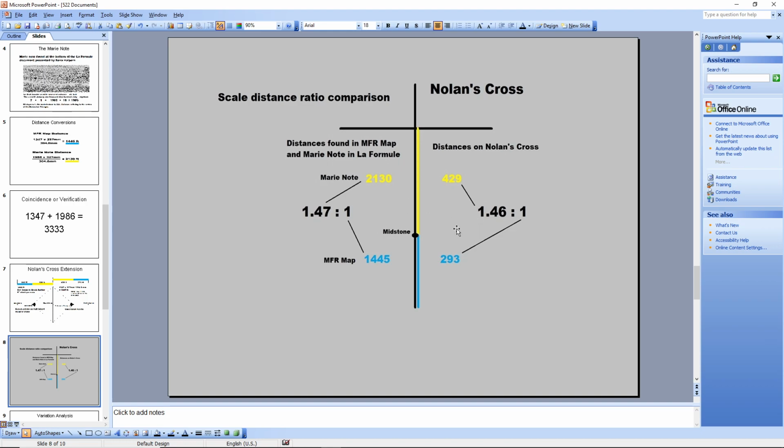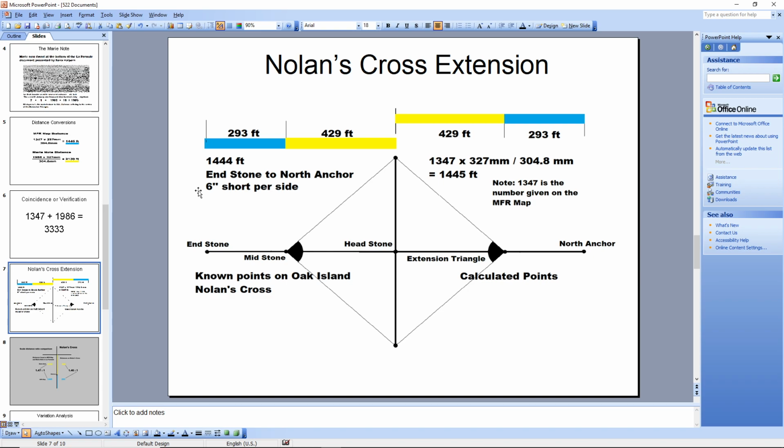I think this is a clue, because if we find out later, when we flip Nolans cross over and extend it, we're going to end up with 2 points that are from this distance. In other words, these distances will emanate from here, and on Nolans cross, well, here, let me bring this up. The blue distances, the 1445 distances, will emanate from the end stone and the north anchor.